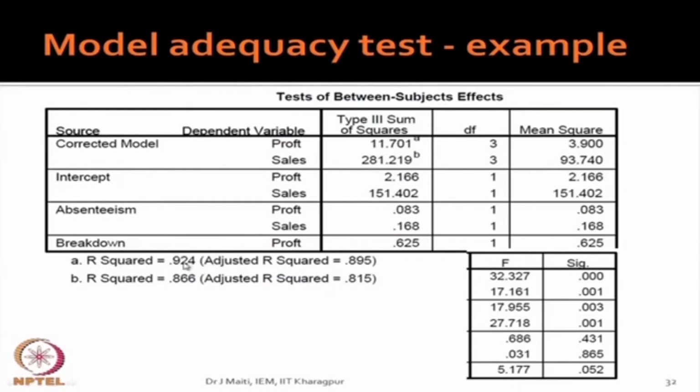For the first one it is 0.924, that means for profit 92%, and for sales 86.6%. Okay. And you have also tested the significance level here for the intercept, for absenteeism, for breakdown, and their significance levels, everything is tested.